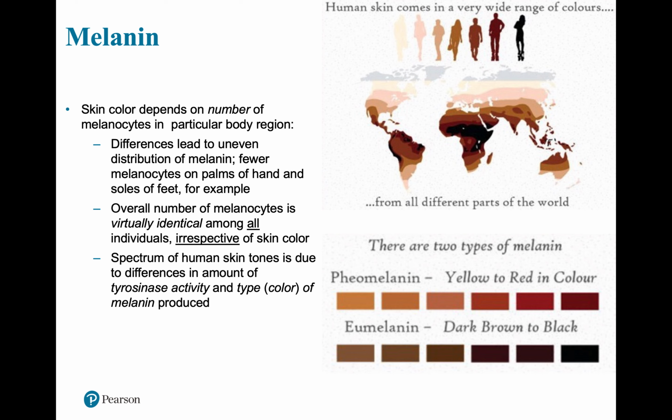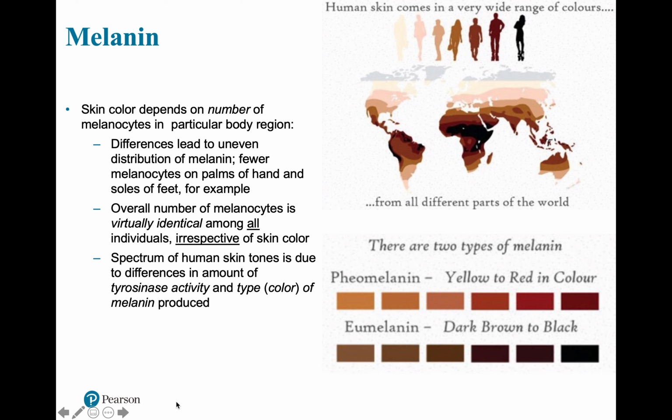What determines skin color is not the number of melanocytes you have, but how much melanin gets produced by those melanocytes, how much tyrosinase activity there is. So individuals who have melanocytes with a higher tyrosinase activity will produce more melanin.